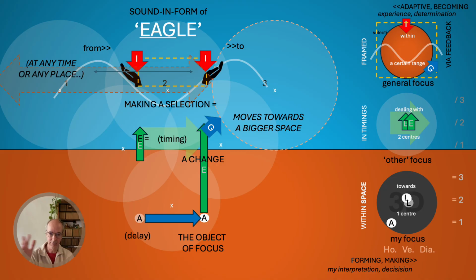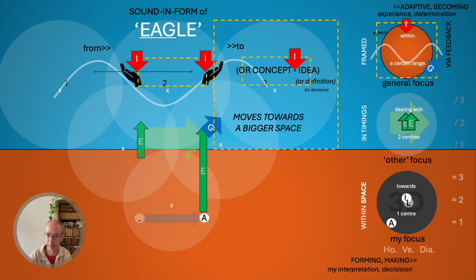But E first is that at any time, at any place, I can recognize what and when this focus should happen, and when it makes sense to have this focus of E. E at the same time is described by E and A, so there is a timing first, and then it goes towards a focus of the object, the focus of change, which will, because of the G, move to a bigger space.